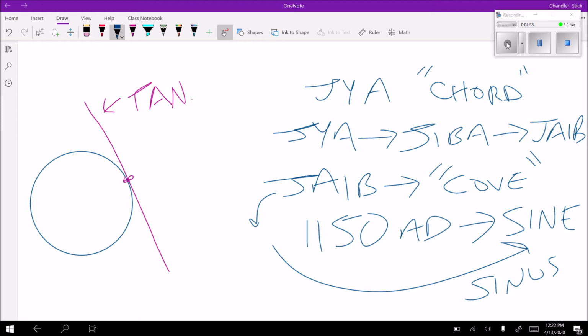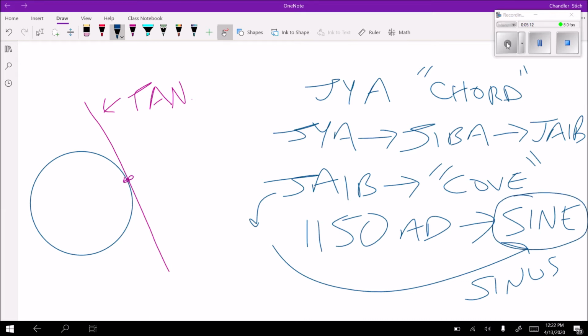This is a Latin word. If you know what your sinus is, you have your nose, your mouth, all that open space in your skull you refer to as your sinus. That's how they got open space, cove, sinus. That's how we got the word sine.